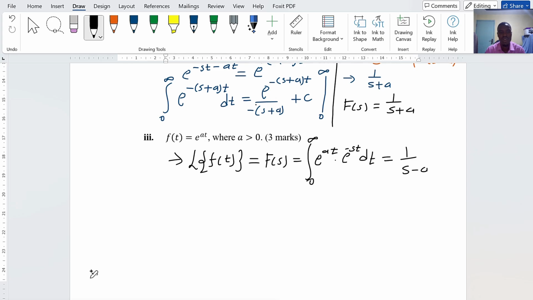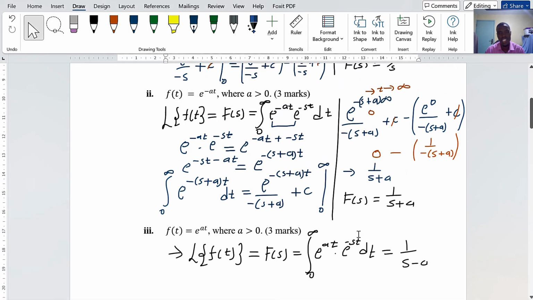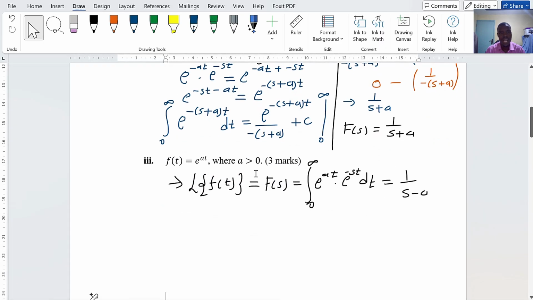Now that I know how we deal with exponentials, if it is negative, like what we did here on top, it was negative at, I got 1 over s plus a. I expect e power at to be 1 over s minus a instead of plus. So this is our assignment. Please confirm this and you can write your comment in the comment section if you can show this.